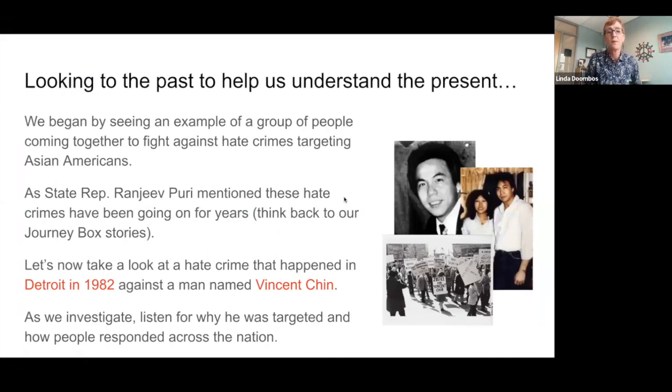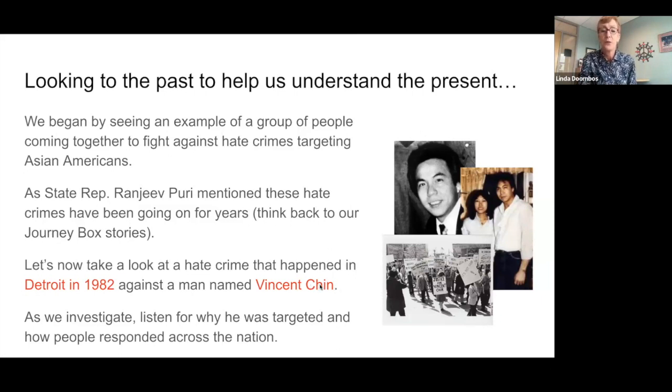We begin by seeing an example of a group of people coming together. And we talk about hate crimes. And now we're looking more recently at something that happened in 1982 with Vincent Chin. If you're not familiar with that story, it's quite gruesome, and it was really hard to find resources that are appropriate for fourth and fifth graders, because we don't want to go into the fact that Vincent Chin, the day before, was at his bachelor party at a bar.